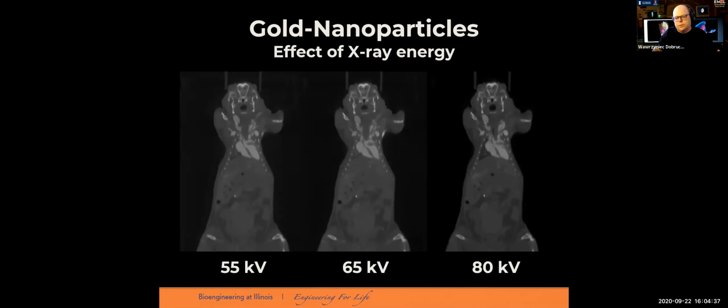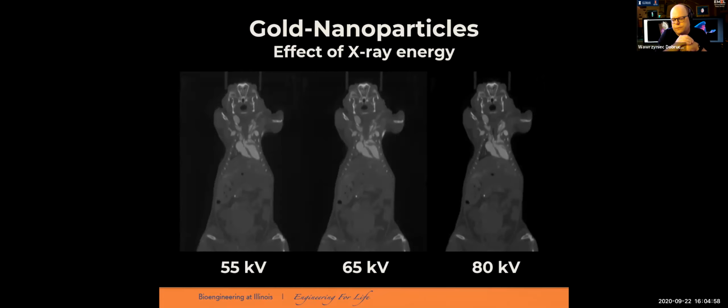So we also did this kind of effect of the X-ray energy. So when you increase the energy of the X-rays, in this case, there should be a drop of the intensity of the tissue because the higher energy X-rays are more penetrating. But because of this K-edge phenomenon, the contrast should be more visible.